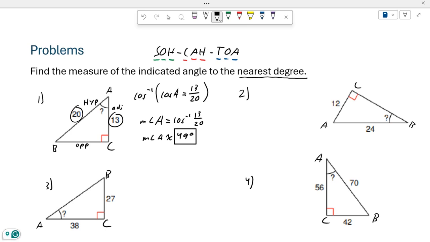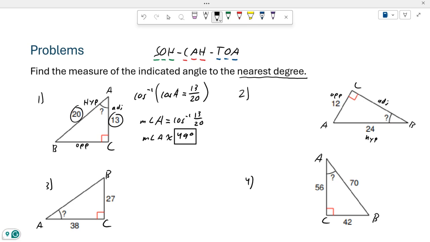Number 2, I'm going to do this one a little bit quicker. So for number 2, again, we want to label our triangle relative to the missing angle. So here, 24 is my hypotenuse because it's across from the right angle. And relative to angle B, which is where the question mark is, 12 is opposite, and my blank side is adjacent.